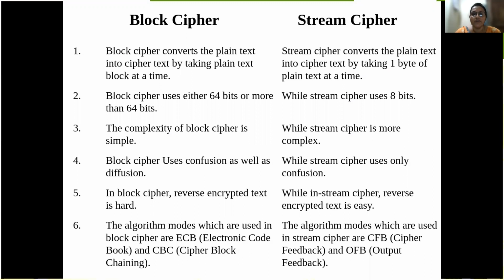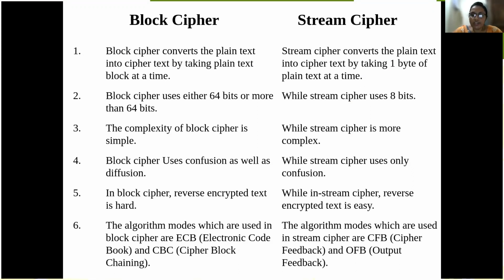Whereas in stream cipher, mostly it is confusion that is used. That is replacing one alphabet with another, or replacing groups of alphabets with others. Now, in block cipher, reverse encryption is hard. It's not so simple. Whereas in stream cipher, cryptanalysis is easier to do.